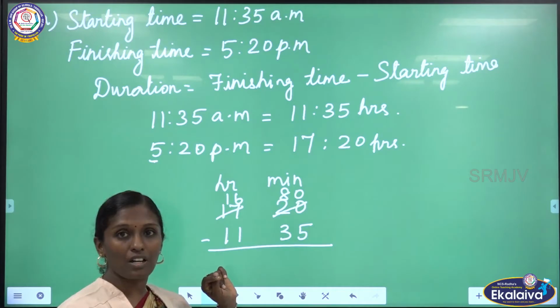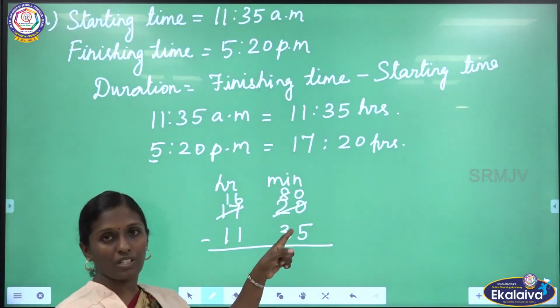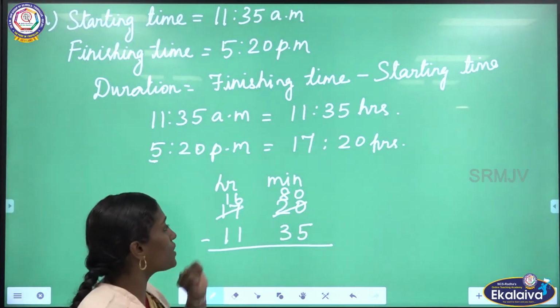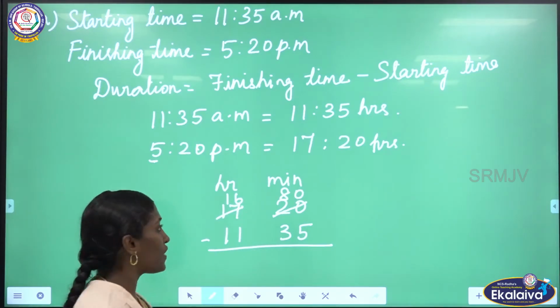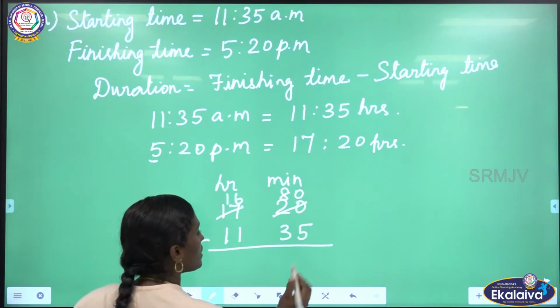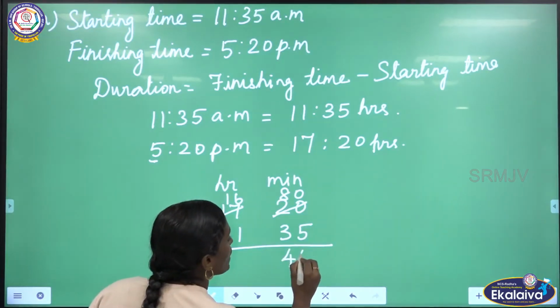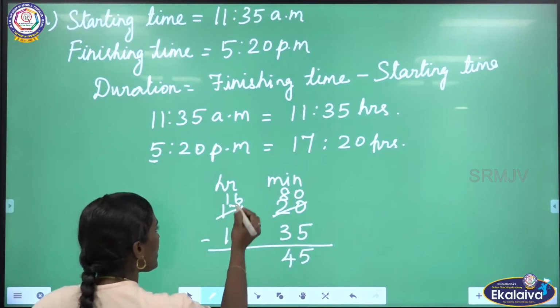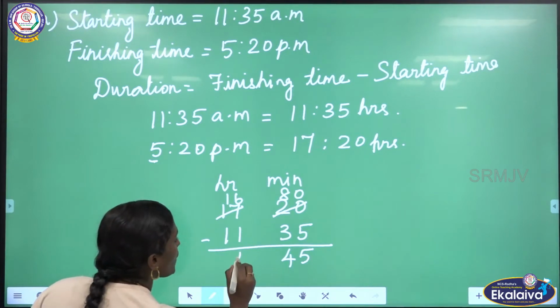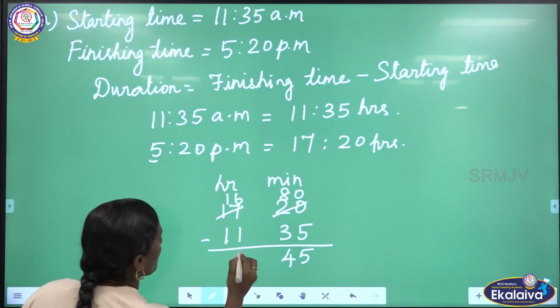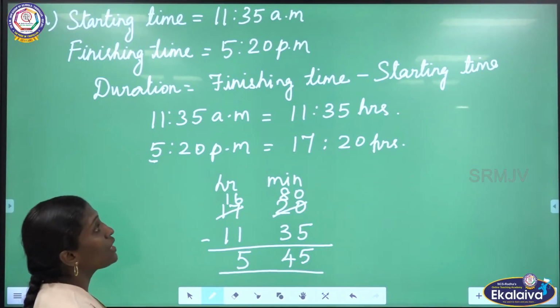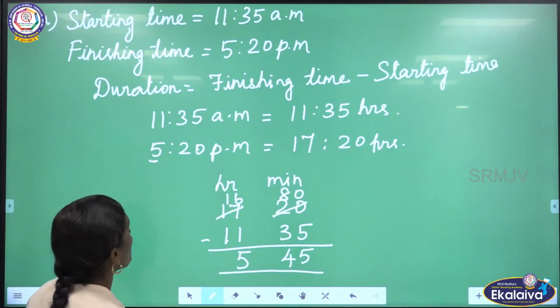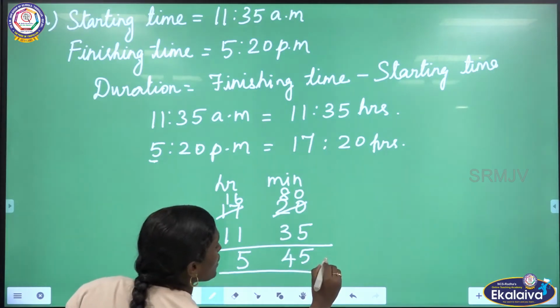Already 20 minutes are there. We are adding 60 minutes. So, 60 plus 20 we will get 80. From 80 we have to subtract 35. So, 80 minus 35 we will get 45. 16 minus 11 we will get 5. So, 5 hours 45 minutes.